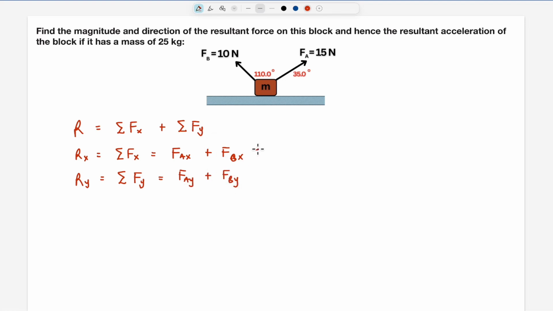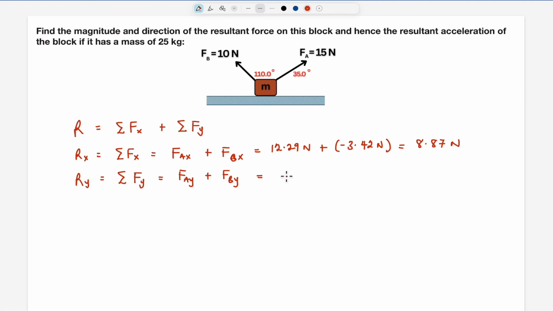But we already found these, so we can just plug them in and determine Rx and Ry. Fax is 12.29 newtons plus Fbx, which is minus 3.42 newtons. If we add these two, we are going to have 8.87 newtons. In the same way, we already found Fay and Fby, so we need to add them to get the resultant y direction force.